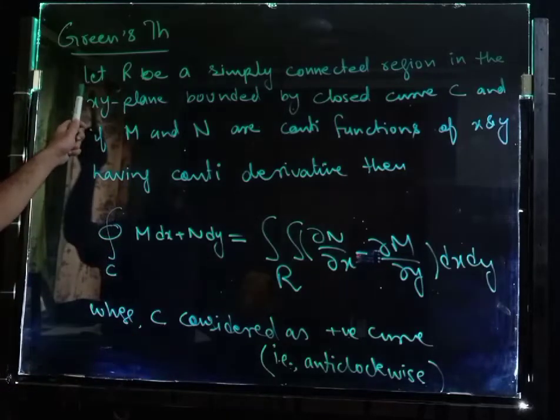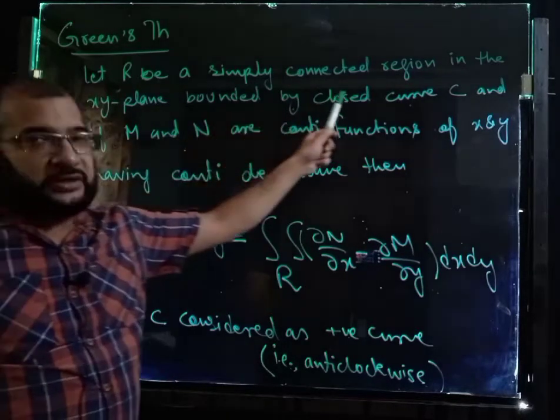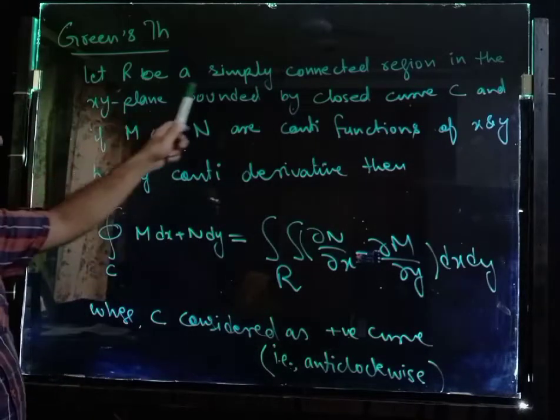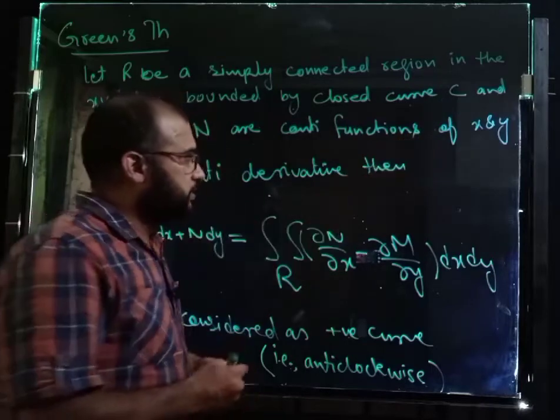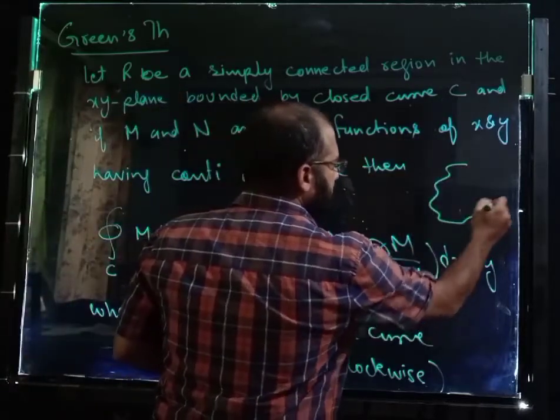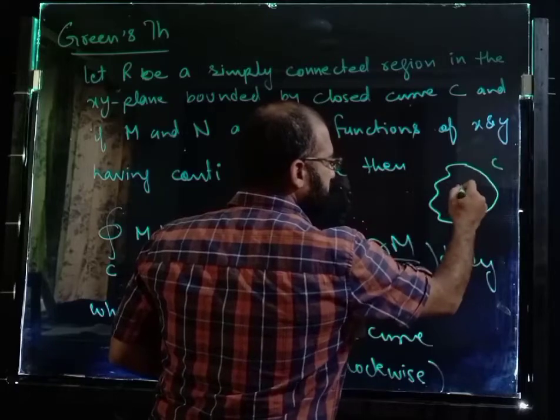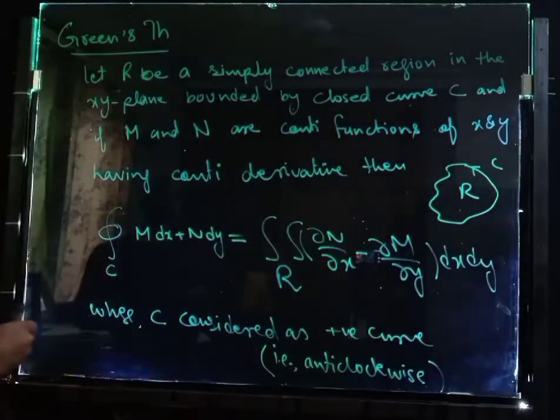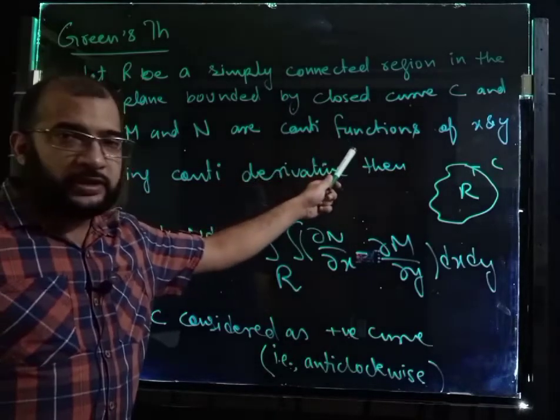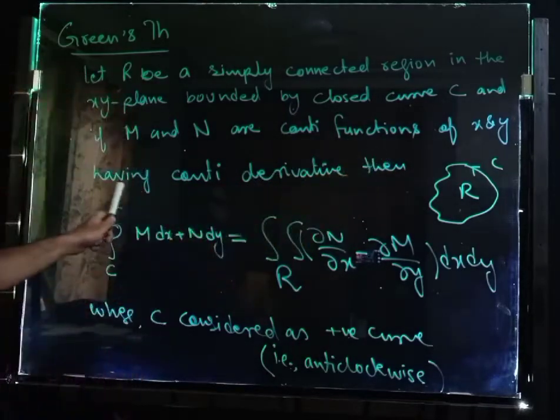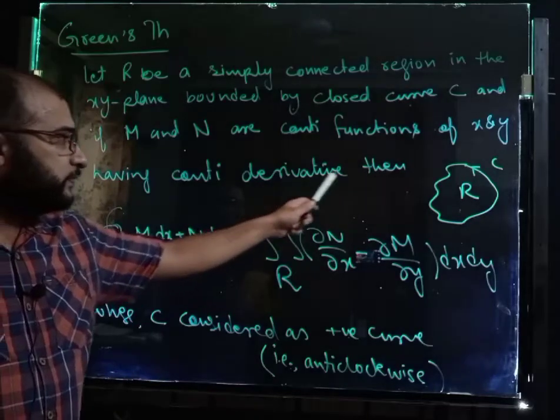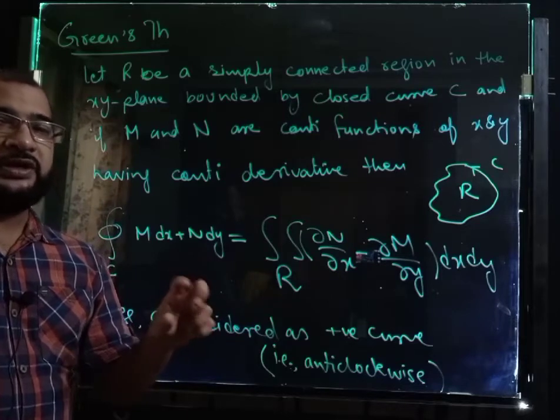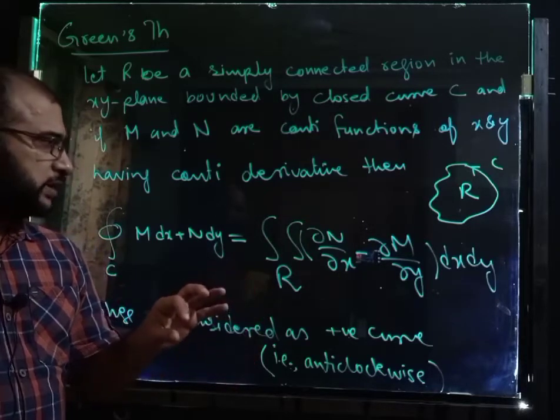Now dear students, he says that let R be a simply connected region in the xy plane bounded by the closed curve C. Let's say this is the closed curve C and this is the region bounded by the closed curve C. And if M and N are continuous functions of x and y having continuous derivatives, then we can interchange the derivative with respect to x and with respect to y.